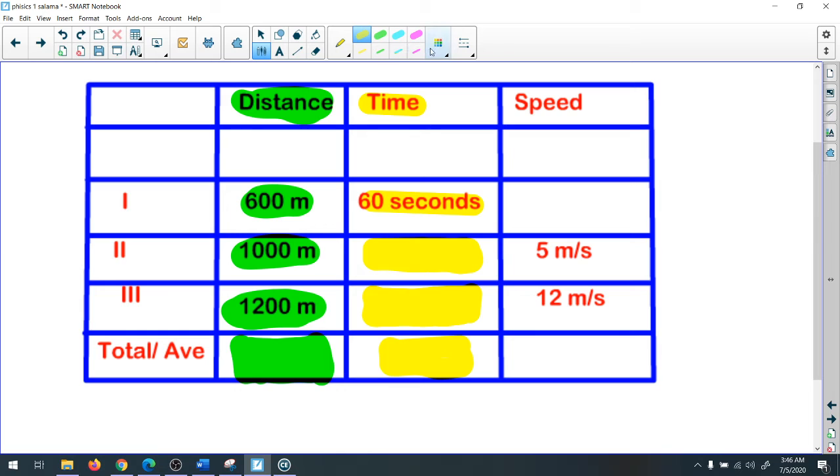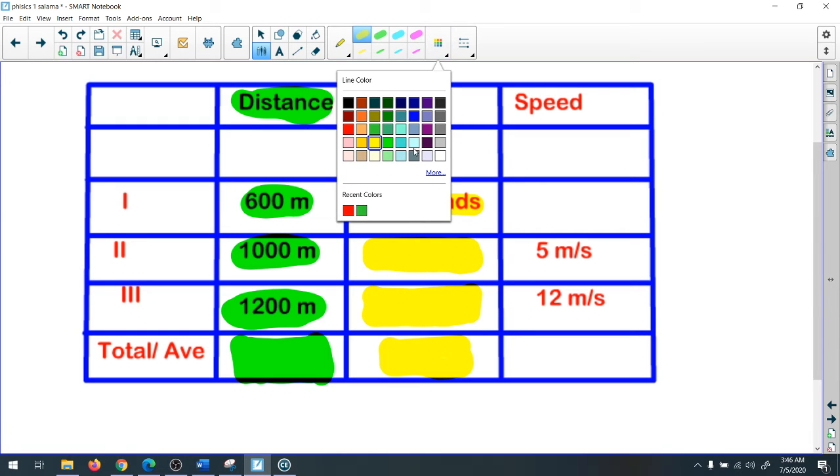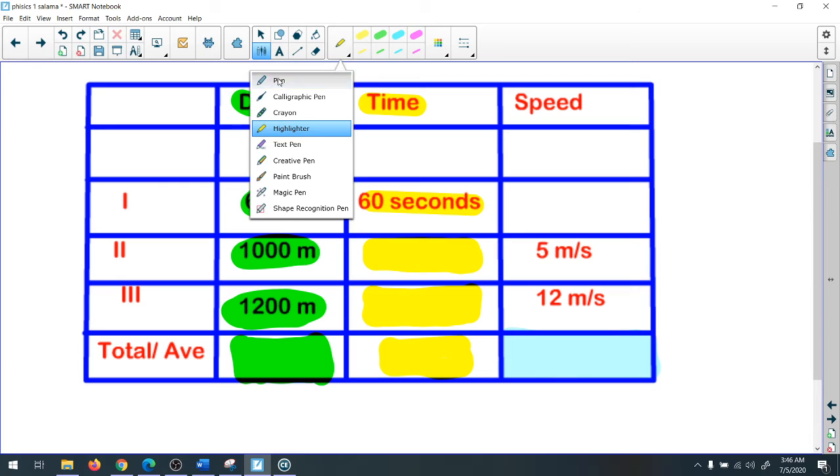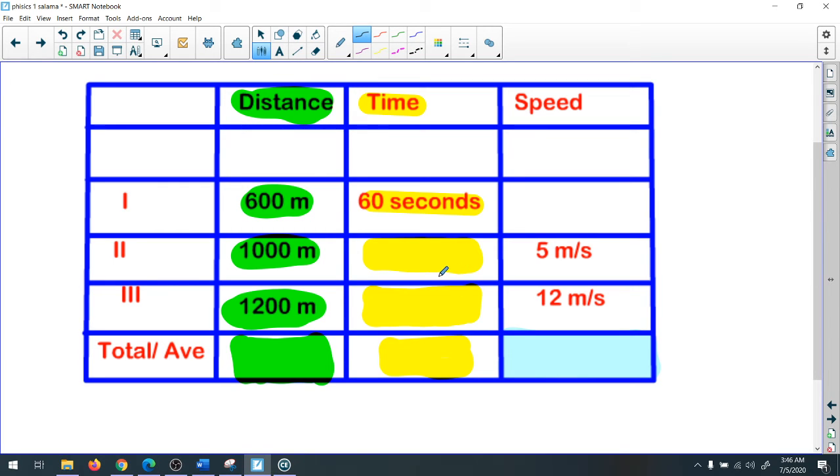Let's do it differently here. Total. That's going to be the average speed. Okay, let's work on that. If you want to find the time and you're given distance and speed, let's use just one formula.